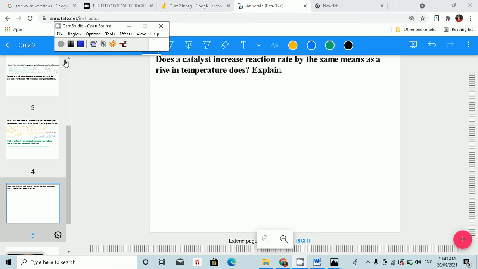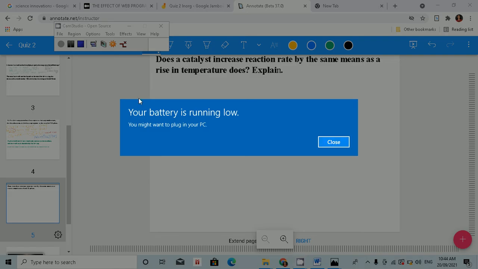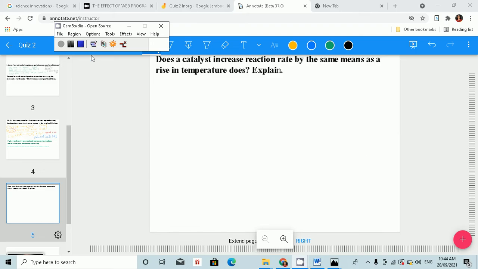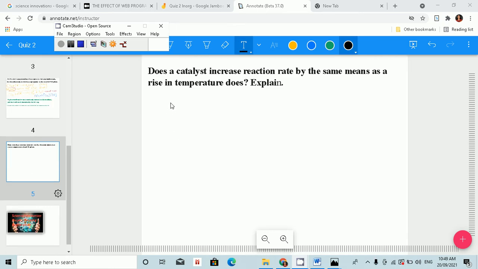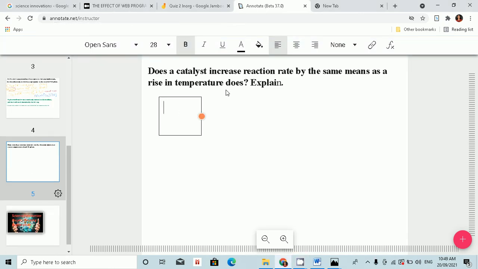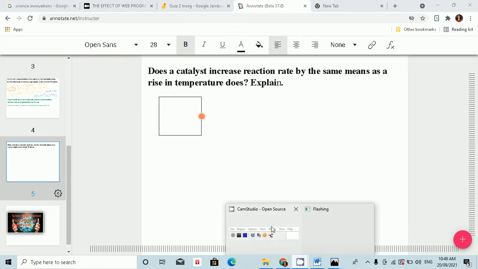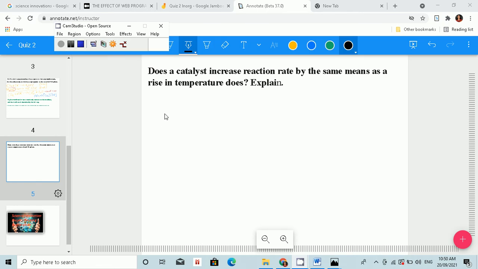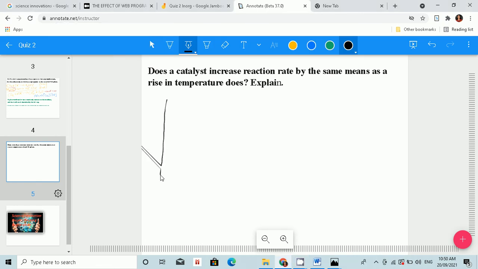Problem 12. Does a catalyst increase reaction rate by the same means as a rise in temperature does? Explain. Okay, so in this problem, we are asked about the catalyst. If we are going to plot the reaction potential energy versus the reaction progress, let's have that one.